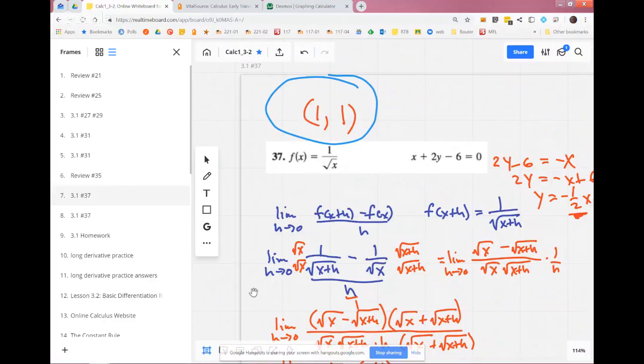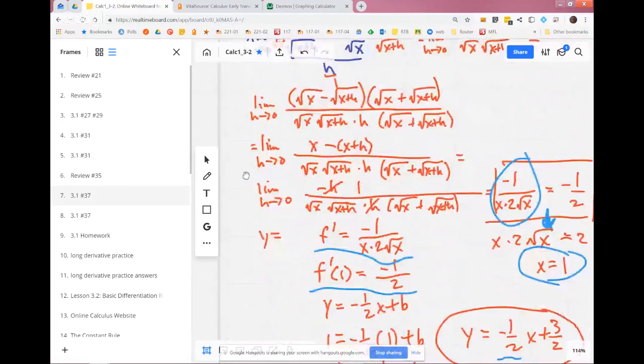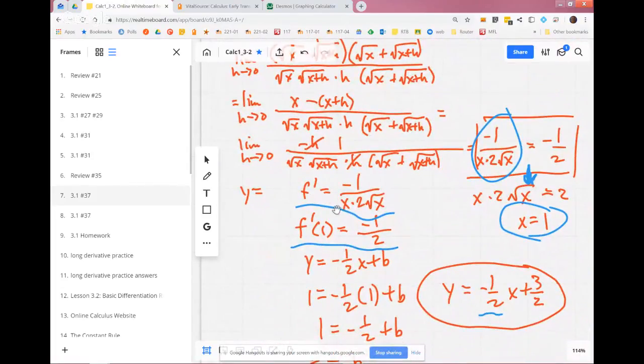Now we can come back, take our derivative right here, and find what's f prime at 1, because we know it's at the point (1, 1). And I get that for my slope, -1/2. So now I know the equation is y equals -1/2 x plus something, and then you substitute in the y coordinate and the x coordinate.